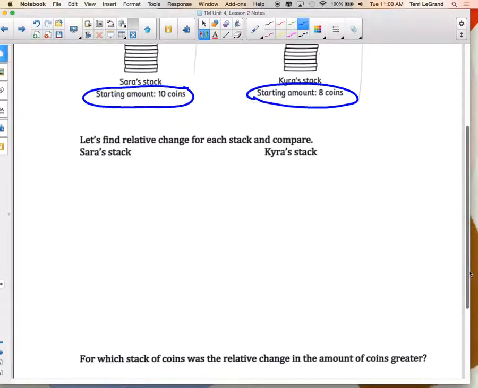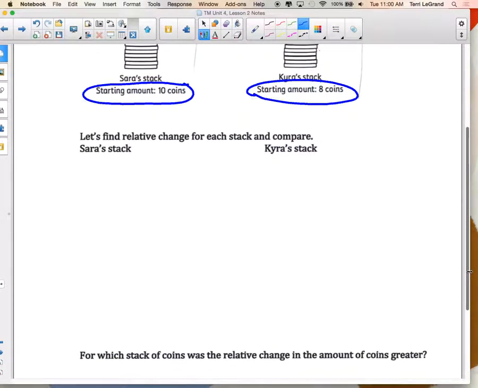Okay, let's start with Sarah. What proportion can we set up for Sarah? Harley, start the one side out for me. 10 coins over 4. Everybody agree with her? Starting amount over amount of change?